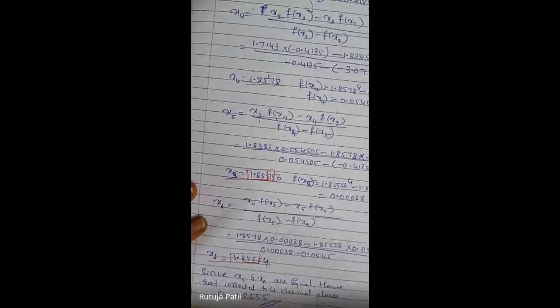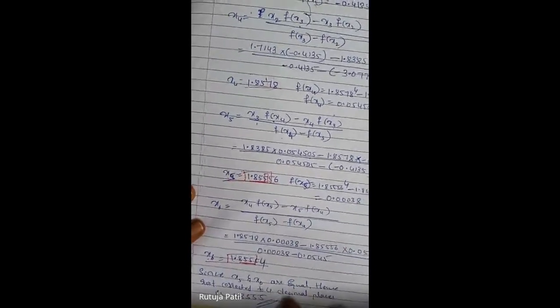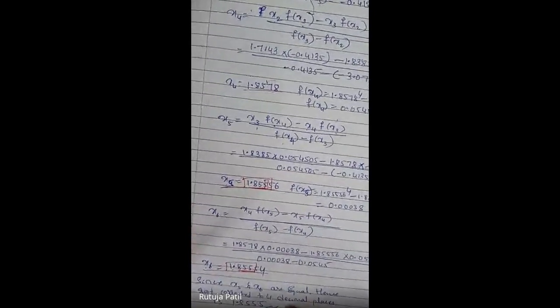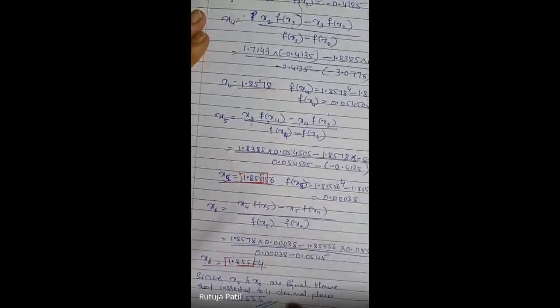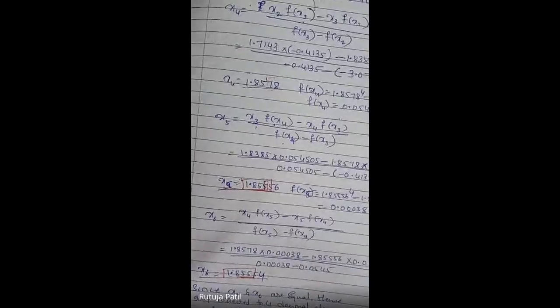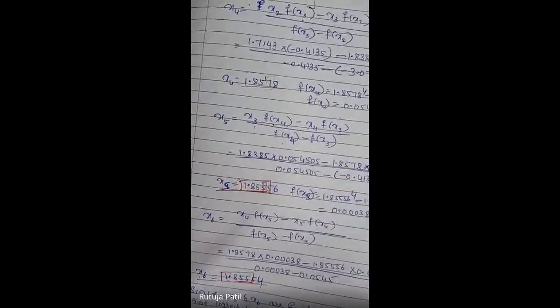Okay, so this is how the secant method works. I hope this problem is clear for all of you. Fine. So we will take another example in my next video.